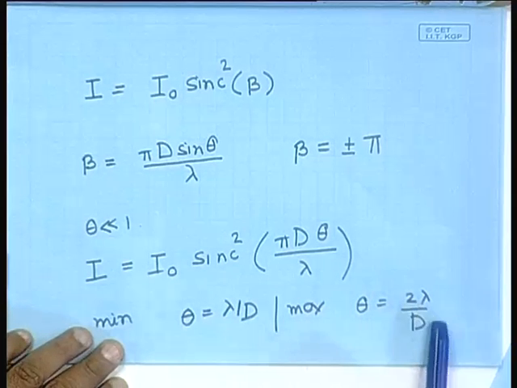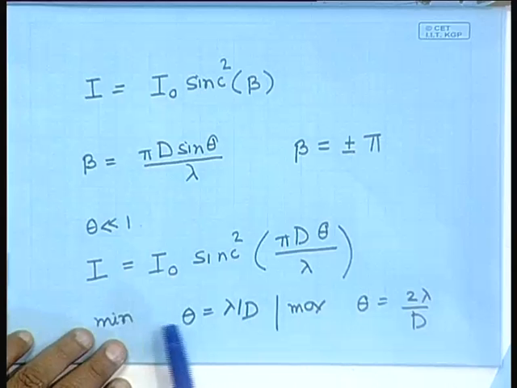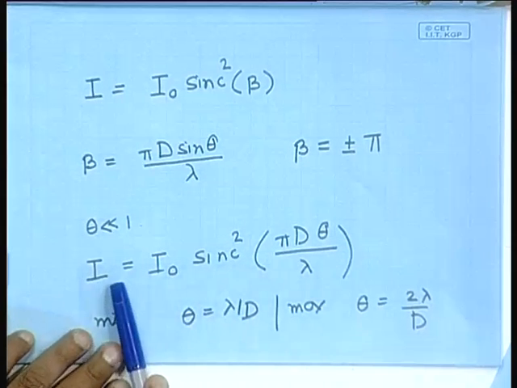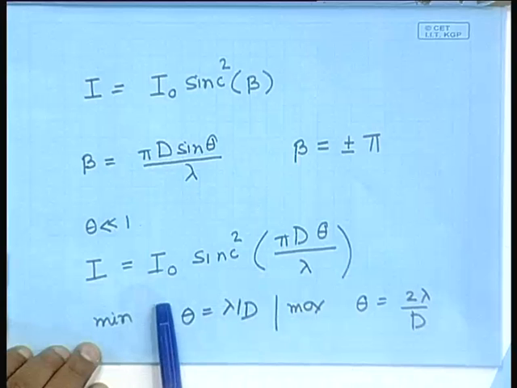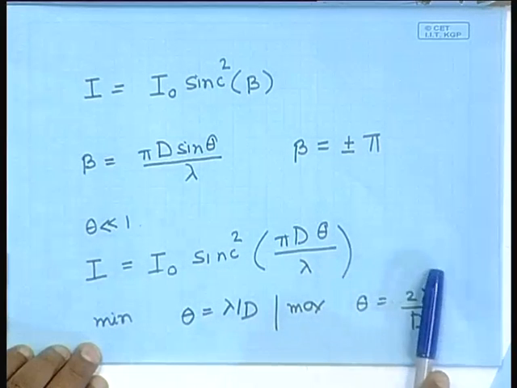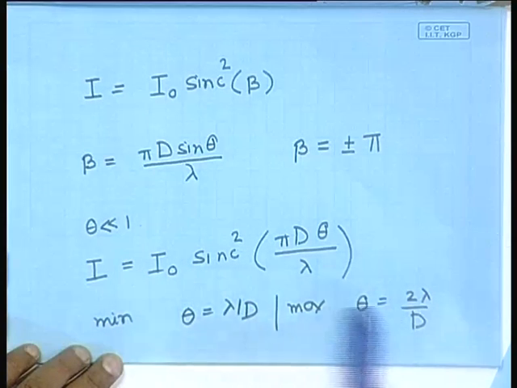The smaller the value of d, the larger is going to be the width of the primary maxima that comes out. The larger is going to be the spacing to the first order maxima. So, these are going to get larger and larger.